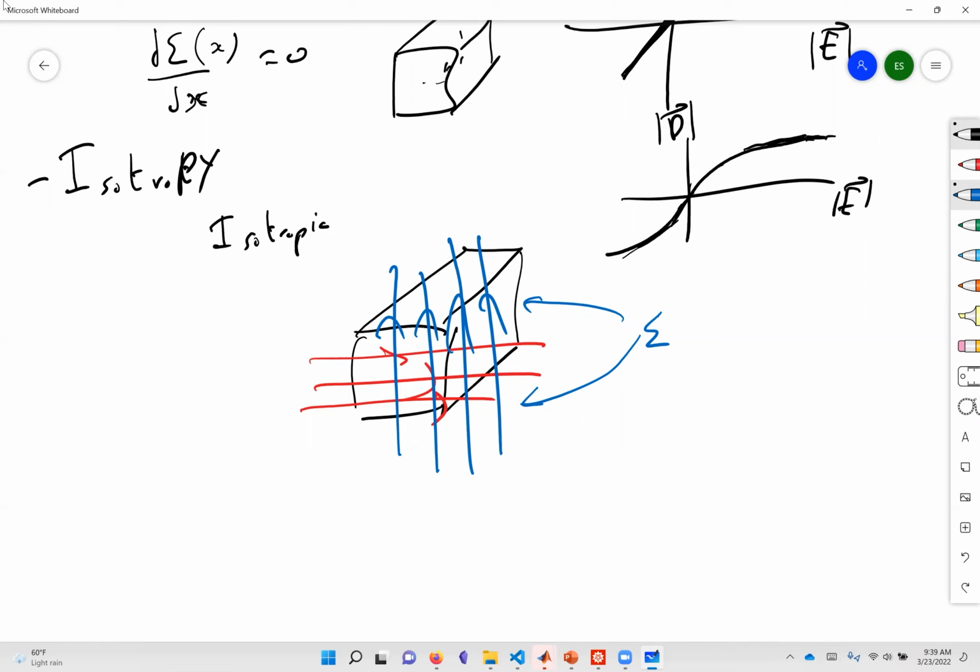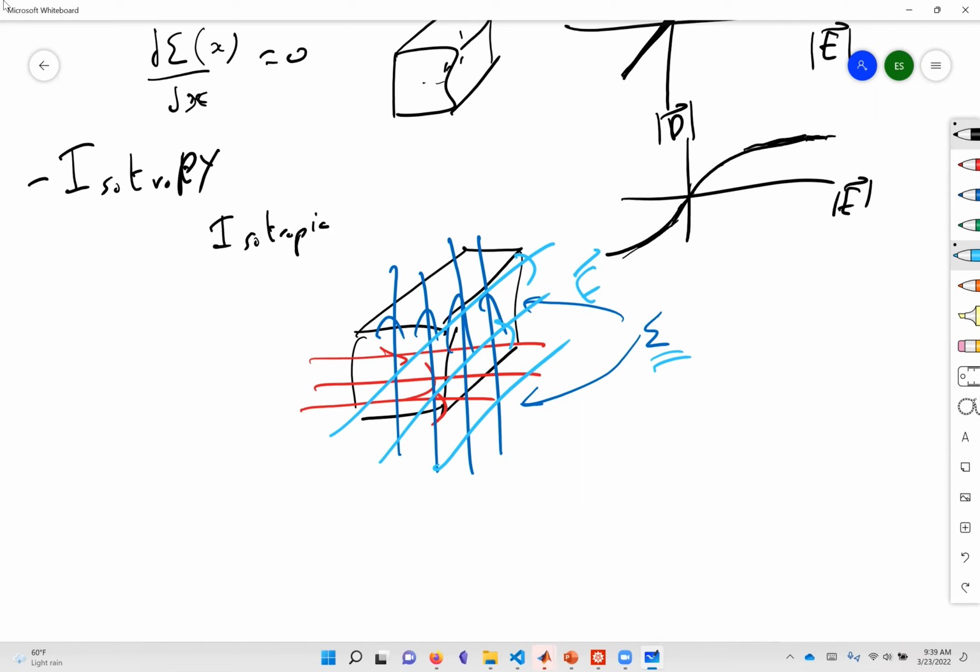But if epsilon is the same regardless of the direction of the electric field, then we say that the material is isotropic. Most electrical materials are isotropic, except some. There are some weird crystals that are not isotropic.